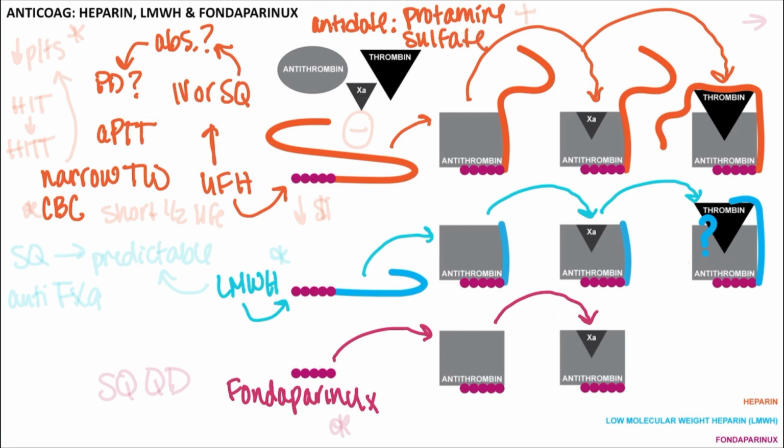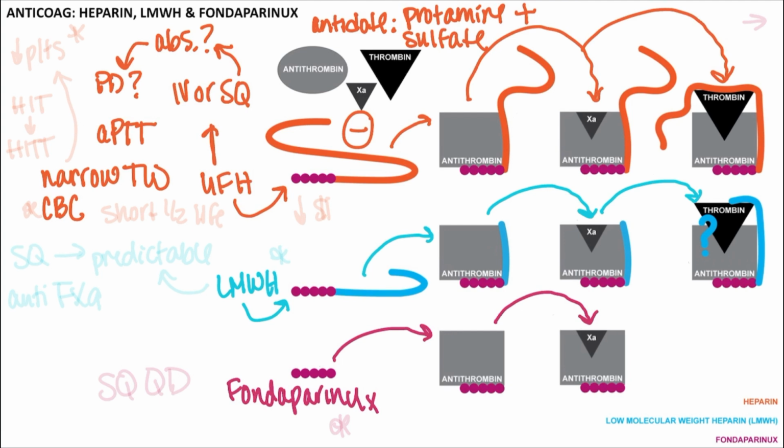And this is an incredibly positively charged peptide, so that it will bind the negatively charged heparins and prevent their interaction with antithrombin until they can be cleared from the body.